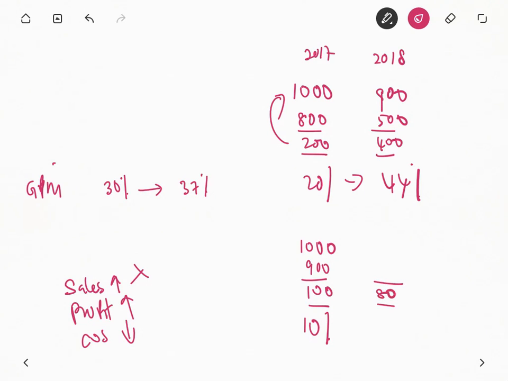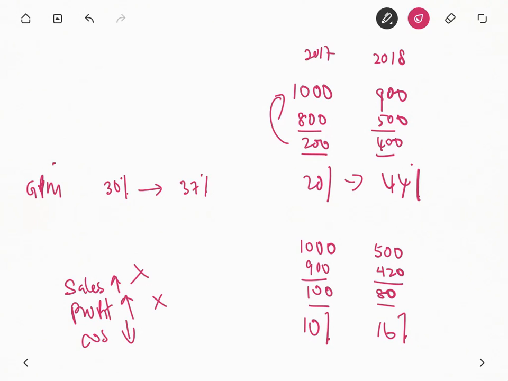Let's put it at 80, so profit drops. But margin can still increase because my sales is 500 and this one is 420. So how many percent? 16%. So profit drops but margin increases. So that's why this statement is not correct. Of course, cost of sales we will prove out. We will look at the concept, then you can understand all three.